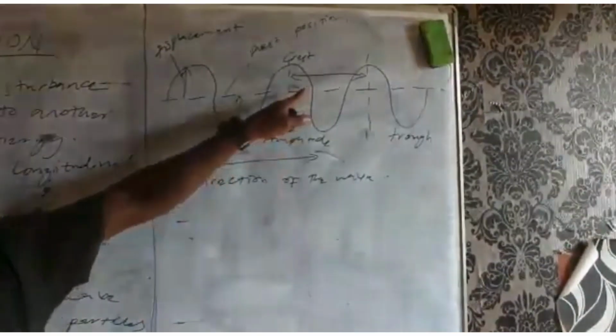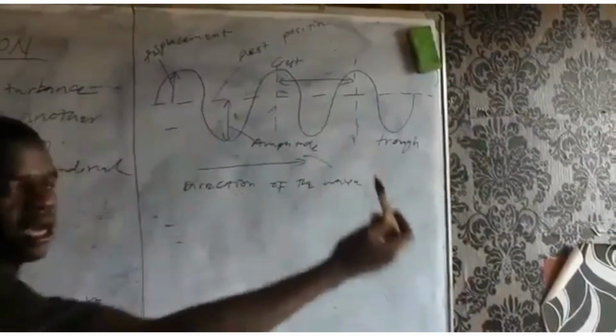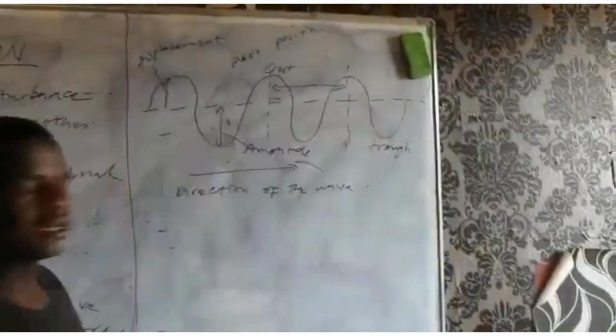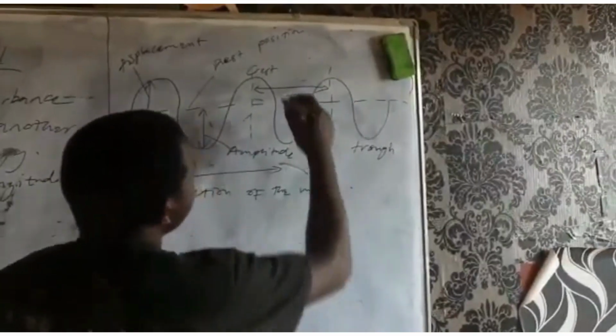Then the distance between two successive crests. As you can see, I have the crest here, I also have the crest there. So that distance is referred to as a wavelength.